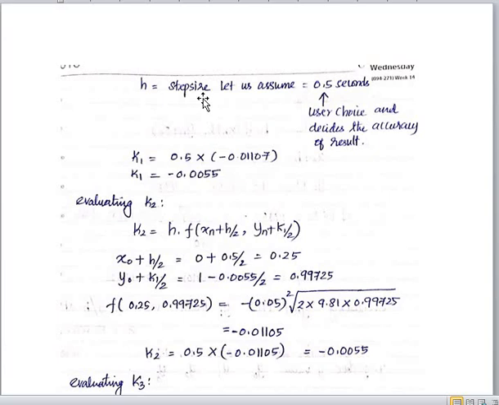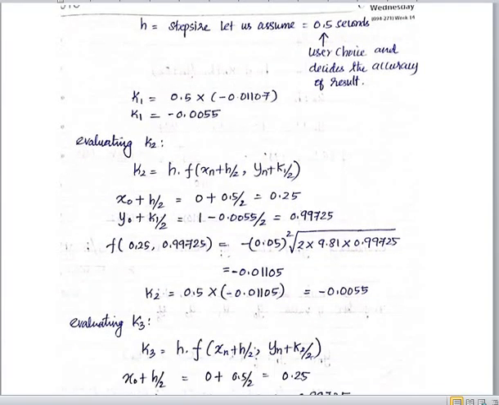So we are interested in finding the height of the tank with respect to time, every 0.5 second. So K1 is equal to 0.5 multiplied by minus 0.01107. So your K1 value is minus 0.0055.